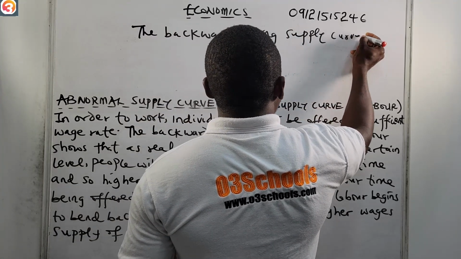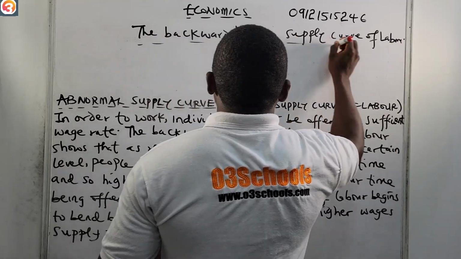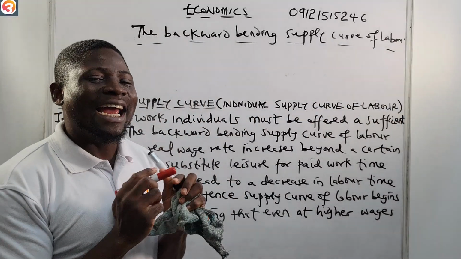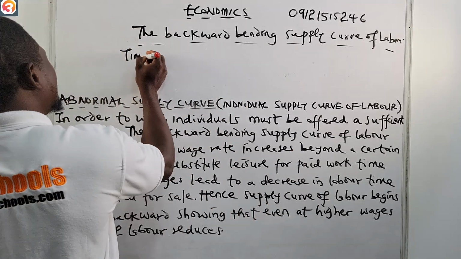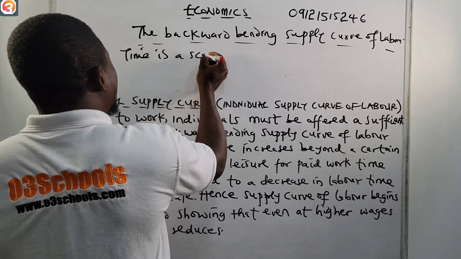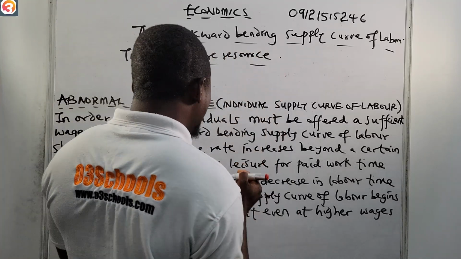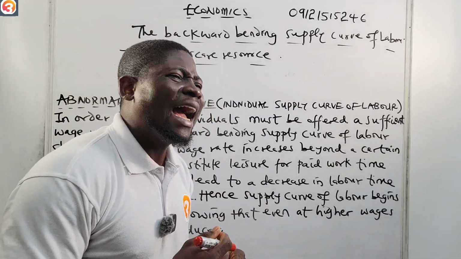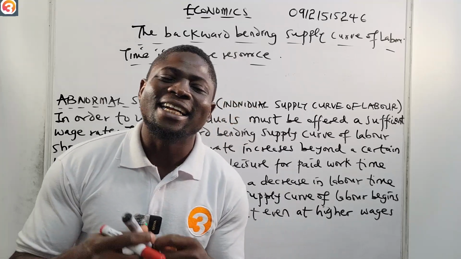For us to understand this, one of the first things we need to keep in mind is that time is a scarce resource. What does this mean? It means that time is scarce, and individuals have a choice on how they will spend their time.